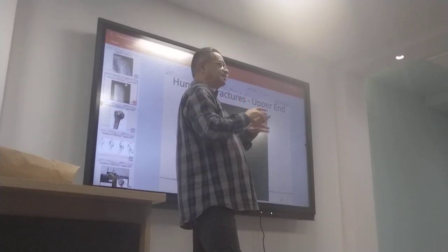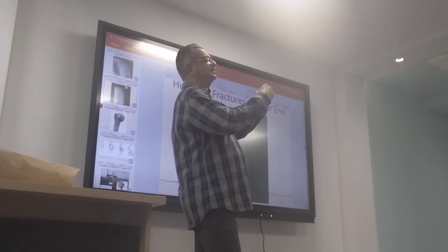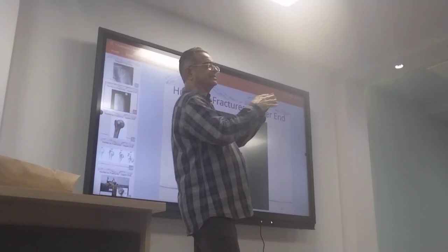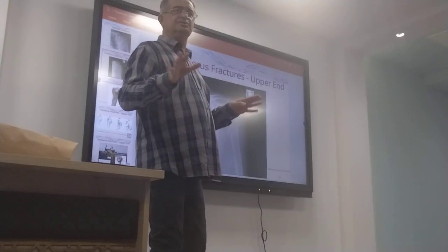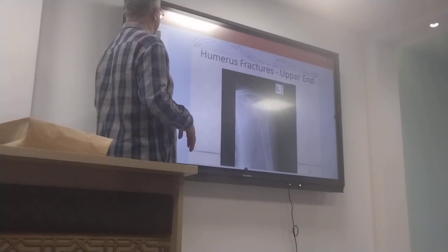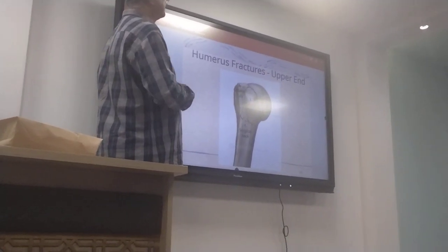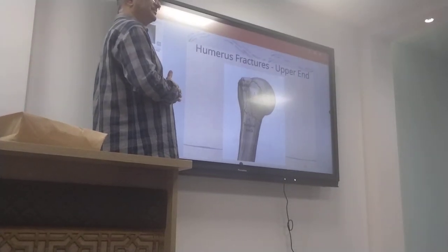Make it round. Remove the sharpness because you need a smooth area to bring it together and let it provide a kind of bridge. Clear? Do you remember? Okay, good. So there are different aspects of the fractures of the upper end of the humerus.